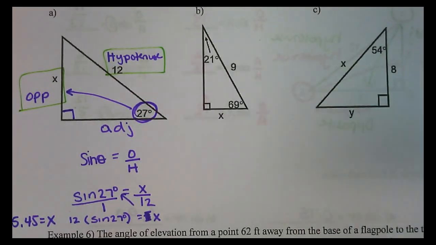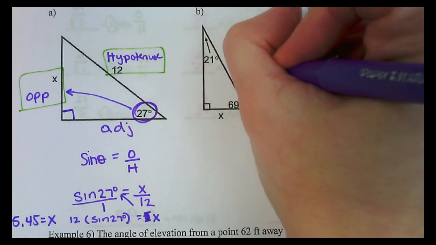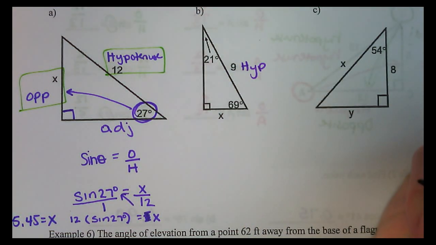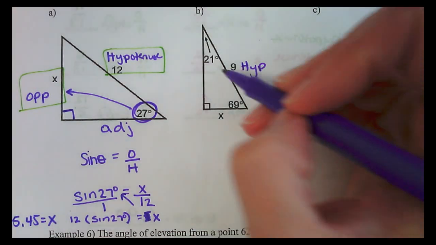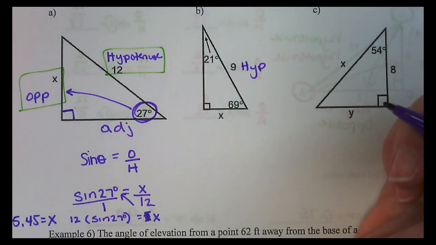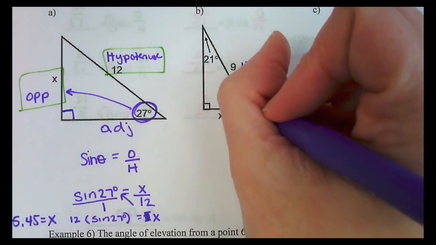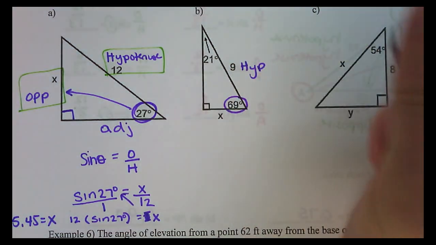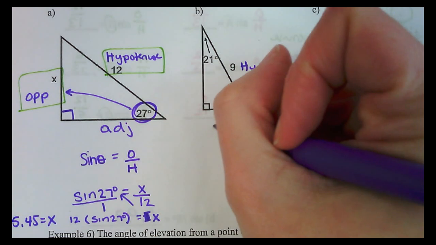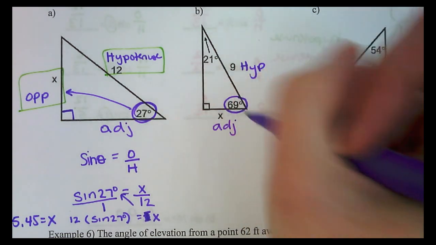Okay, our next triangle. Again, we start by labeling. This is the hypotenuse because it's across from the right angle. This triangle, they're giving us 2 angles, so I get to pick which angle I want to use. I'm going to pick this one. This side would be adjacent to this angle.